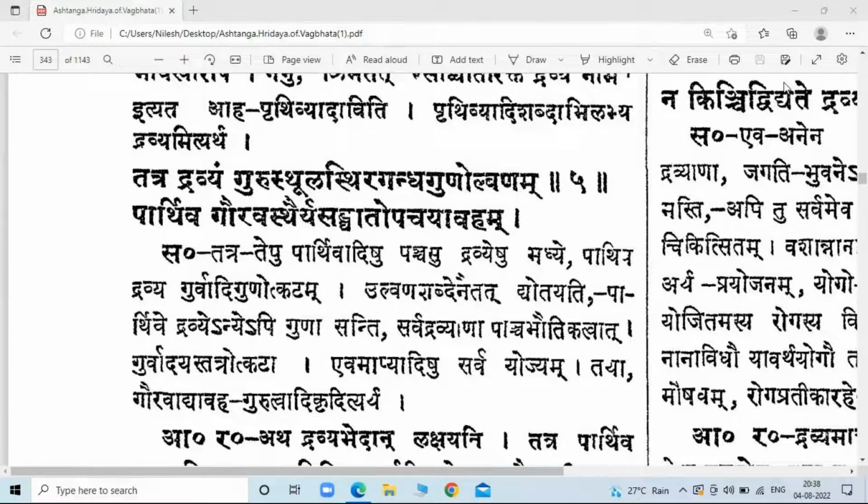Yojana: the qualification of something to be appropriate with a situation. The qualification of something which makes it appropriate to a given situation, that is known as Yukti.